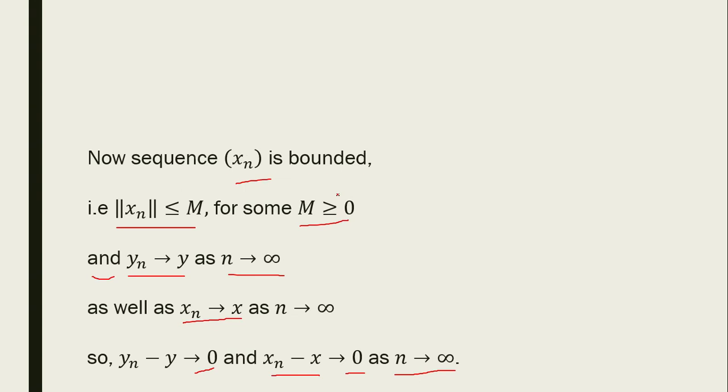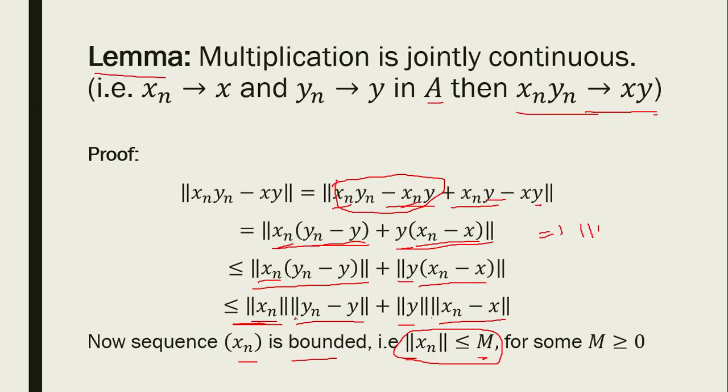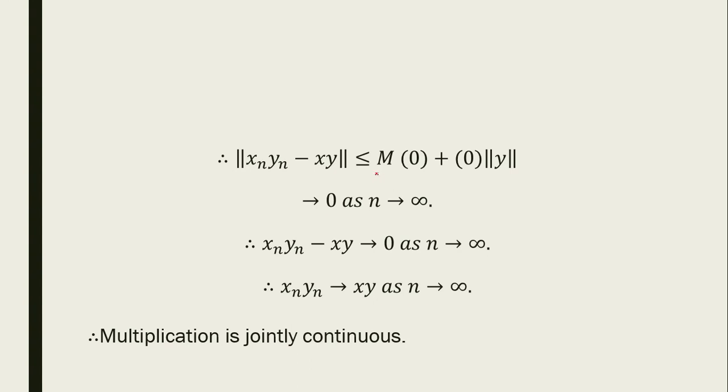So this tends to 0 and this tends to 0, and norm xn is less than or equal to m. So we get less than or equal to m into 0 plus 0 into norm y, which tends to 0 as n tends to infinity.